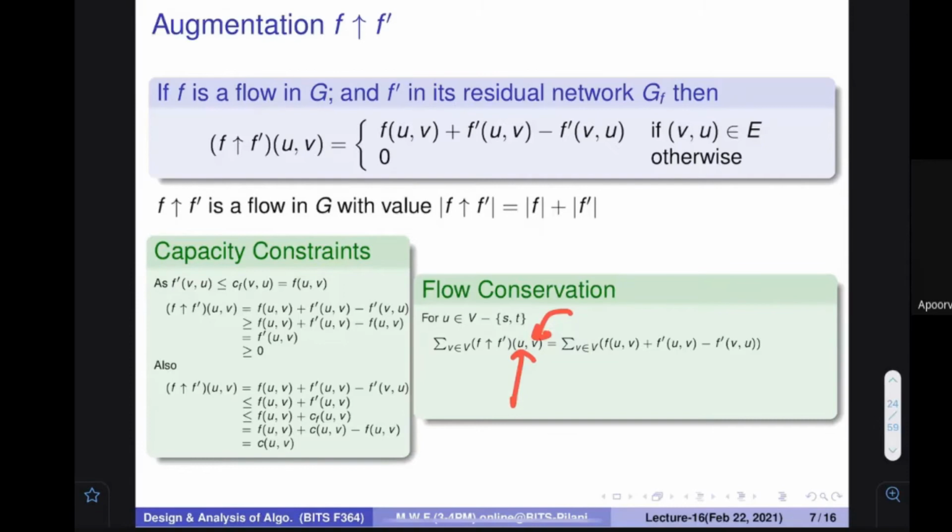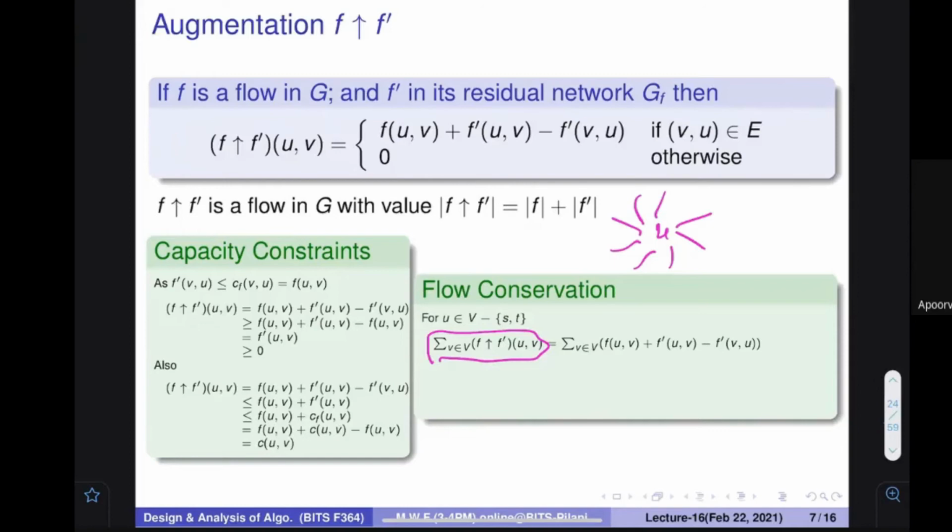How much is going out? Make sense? For all the U's, these U's are sending to V's, and for all these V's I am going to find the summation. It means you are picking a node U and trying to see how much it is sending. This quantity is how much it is sending. It should be equal to what?